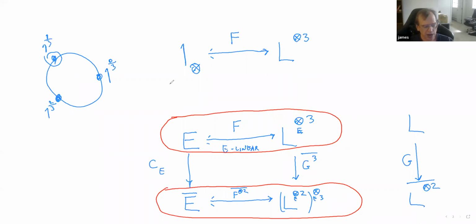We've got this group Z mod 3 that we're interested in, and it's badly behaved over the rationals because it doesn't split over the rationals. But what's a good covering to geometrically pull back to where it will split?